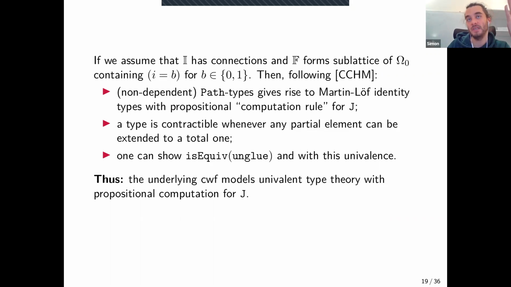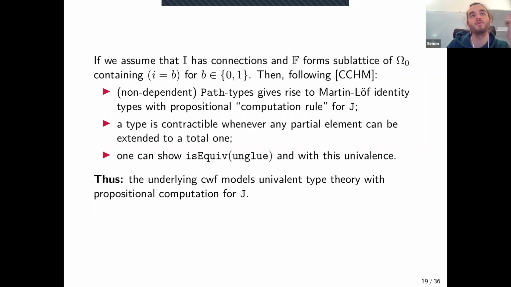Then what we can prove is that these path types justify almost the same rules as Martin-Löf identity types, but the only difference is that the computation rule for the eliminator J is only propositional, so it holds up to a path.